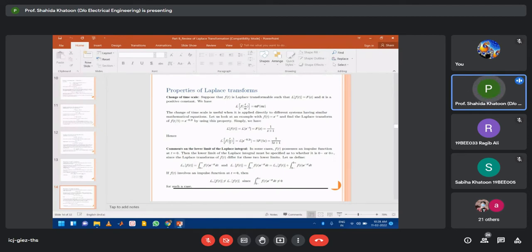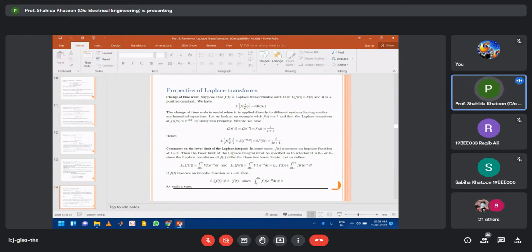So L plus of f(t) is the integral from 0 plus to infinity of f(t) e to the power minus st dt, and L minus of f(t) is the integral from 0 minus to infinity of f(t) e to the power minus st dt.